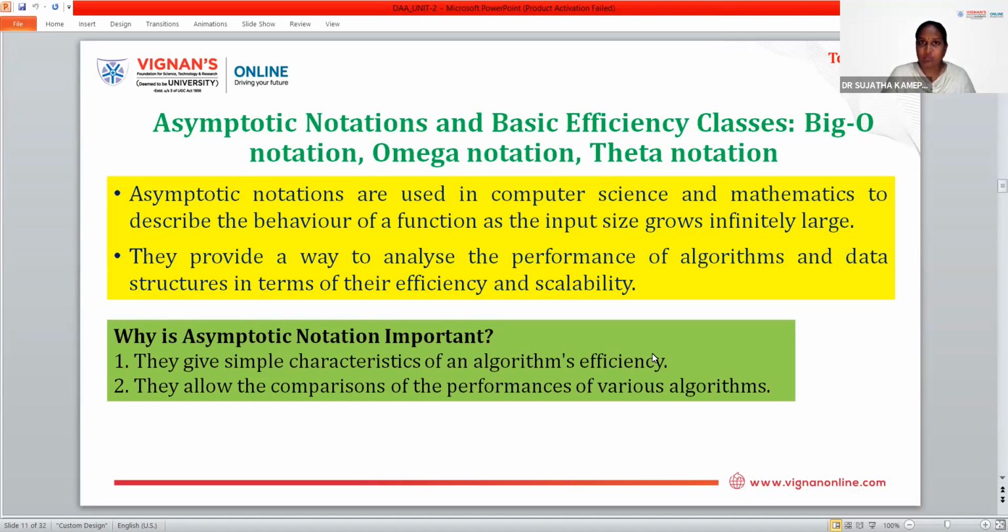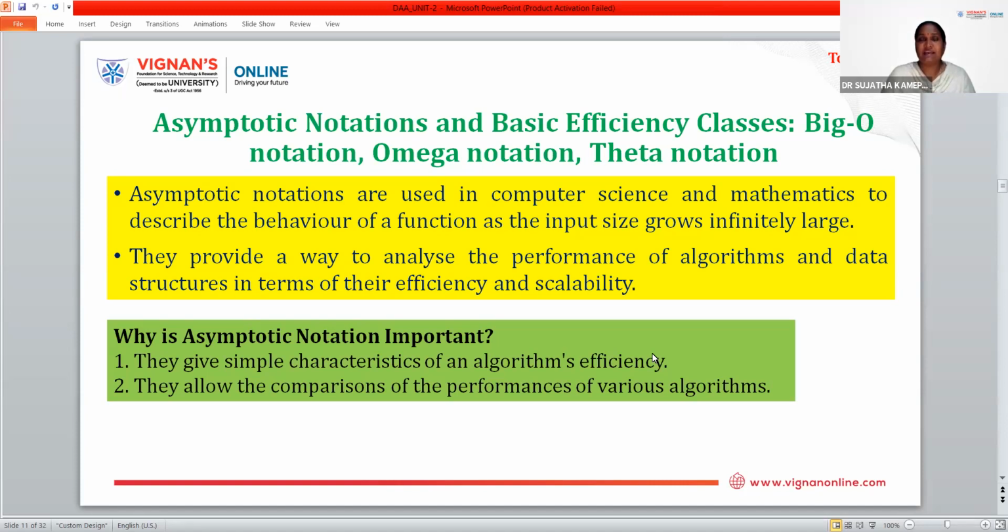First of all, what are the asymptotic notations? What is the importance of these asymptotic notations? Asymptotic notations are used in computer science and mathematics to describe the behavior of a function as the input size grows infinitely large.